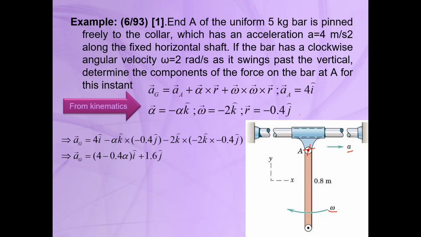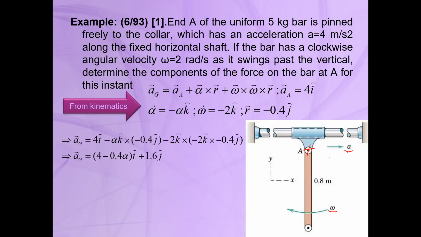So we have a system consists of a bar and a slider. The slider is moving to the right with acceleration A, which is known for us, and this is 4 meters per second square. This bar is connected to the slider with a pin connection.